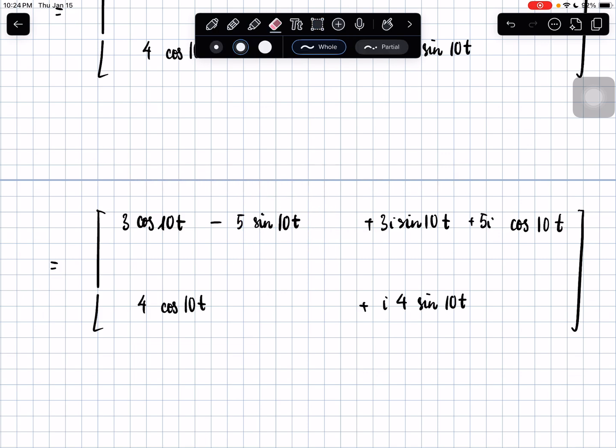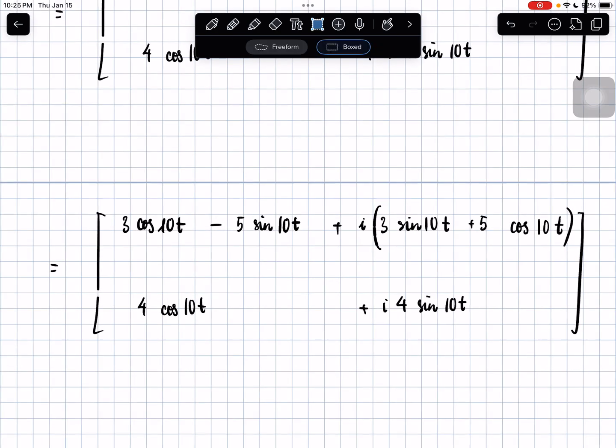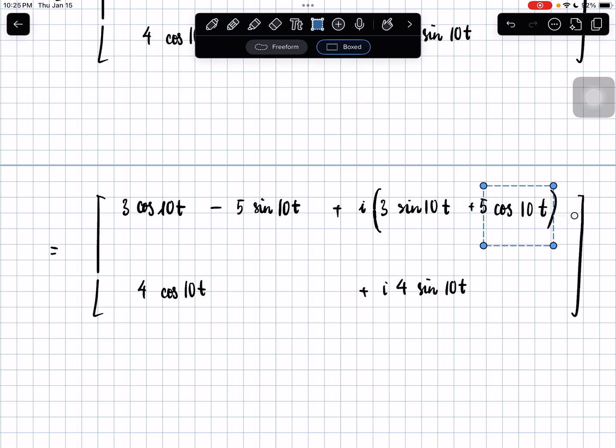Second of all, this i can be pulled out here, i times this. So now I can separate the real part and the imaginary part.